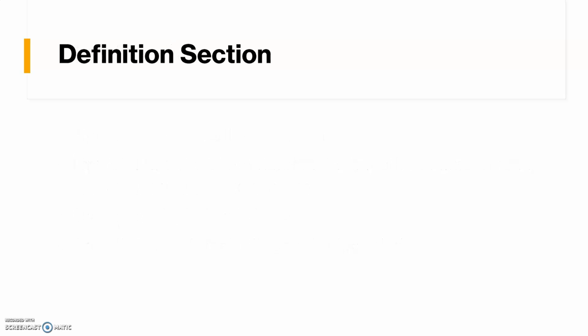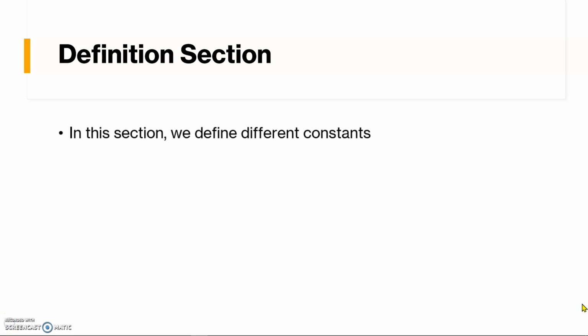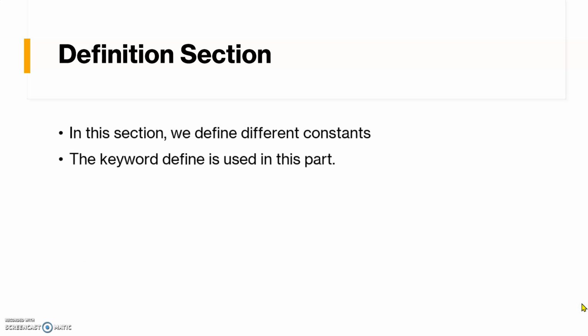The next section is the definition section. In this definition section, we use the different constants required in our program. If you want to use a constant like a equal to 10 throughout your program, it can be declared here. For doing that, you need to use the keyword define to define a constant.